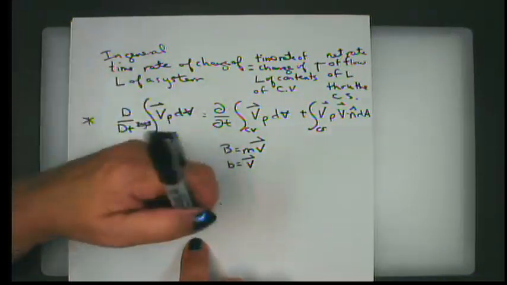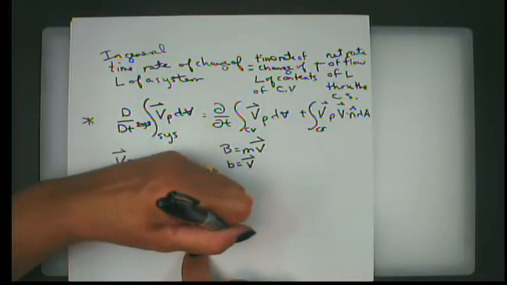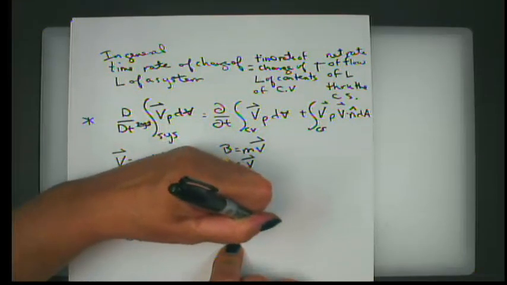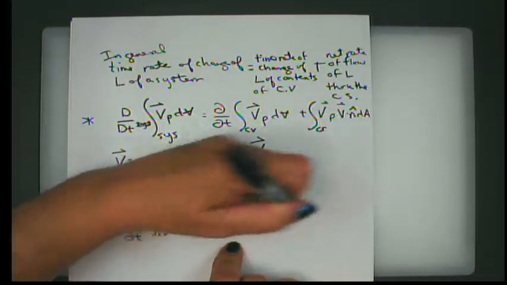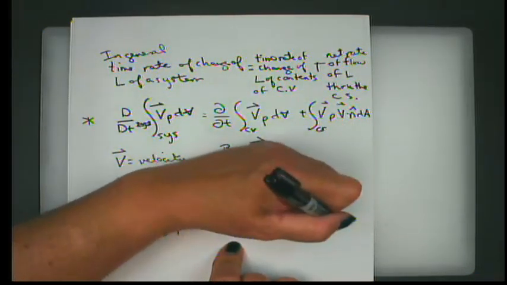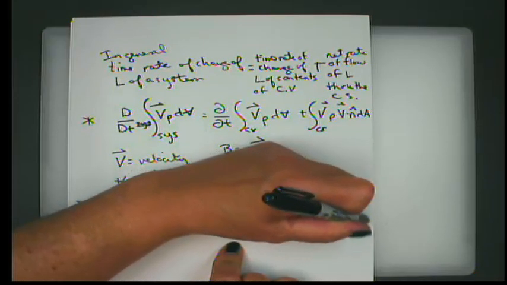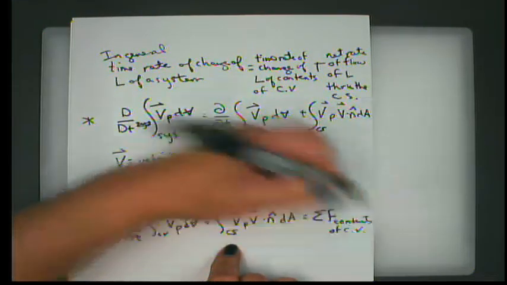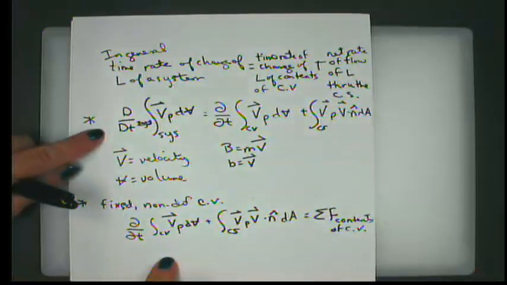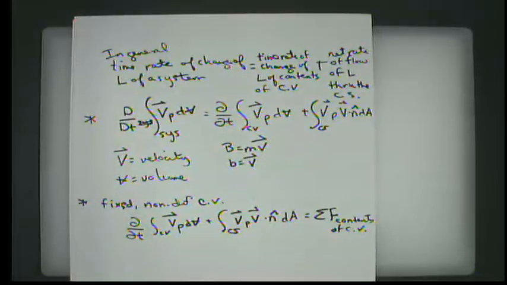Okay, so we have this plus what's going on through the control surface is equal to the summation of forces acting on the contents of the control volume, right? So this equation is a somewhat combined form of Reynolds transport theorem and the statement that we made earlier about the nature of linear momentum.